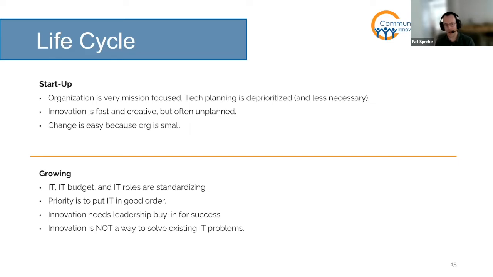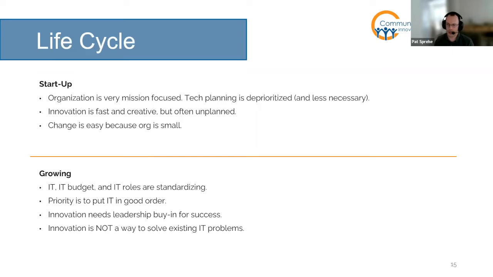You have to think about how the work is done, and so you start to need standardized IT budgeting, somebody who owns IT. It doesn't have to be necessarily an IT person, but there needs to be some sort of COO or director role who owns the IT piece of it.